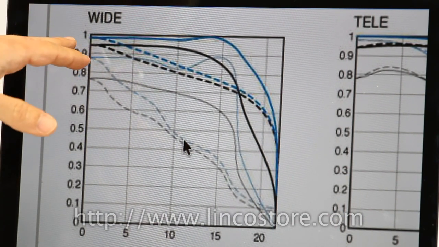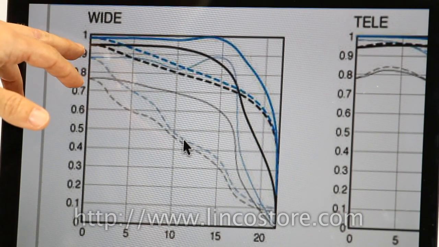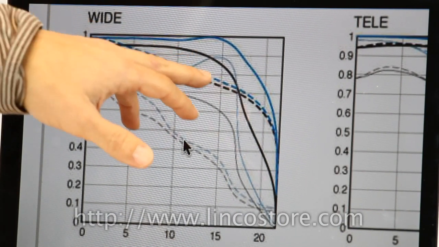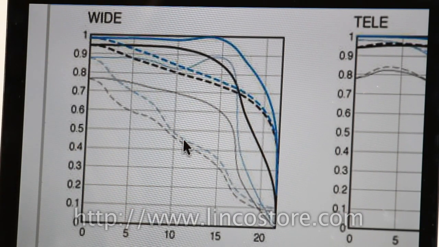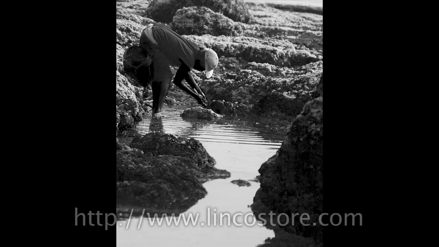All right, so let's get to the lines now. When it comes to the thick lines that you're seeing here with the blue and the black, this is the most important thing you're going to find on the chart. This really represents the lens's ability to render micro contrast. And we're not talking in this case about the contrast that we're thinking about in terms of printing an image, say, for example, high contrast black and white photographs.